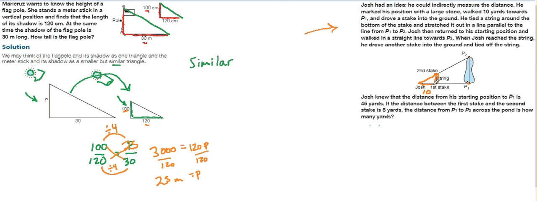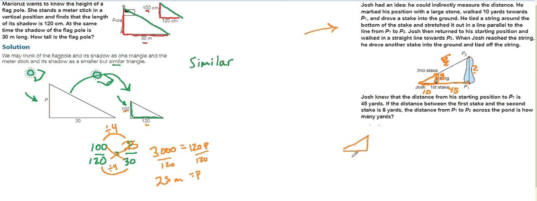Josh knew that the distance from his starting position to P1 is 45, so that means this whole length is 45. Somehow he just knew that. Therefore, what is this whole length? No, not this whole length. This whole length. This height. He also knows that this is 8. We don't need this. So what he's created is two similar triangles.